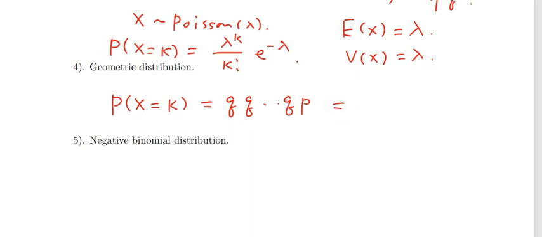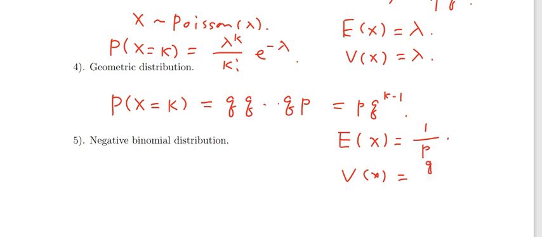So this equals p q to the k minus 1. Okay. So the average expectation for x is 1 over p, and variance is q over p square.